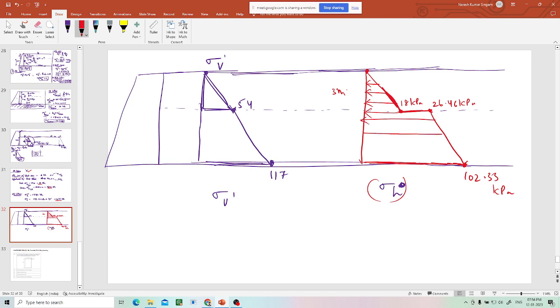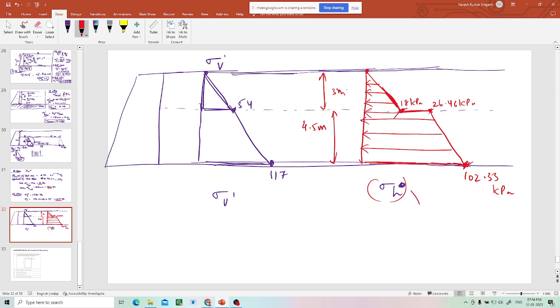So these are the pressures. If I ask you to find out force from this pressure, what do you need? You have the pressure, you want to find out the total force. What do you need? So this is 4.5, this is 3, this is 18, this is 26, this is 102.